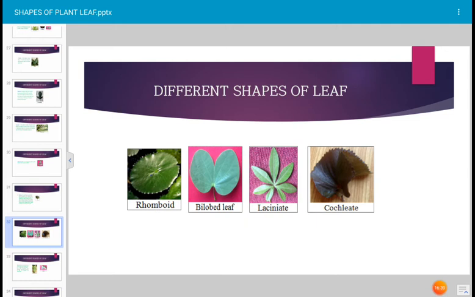The leaf lamina is divided into finger-like projections, and all these projections originate from a single central point. Such shape is described as lacinate. Fourth photograph, cochleate shape. This is a very typical leaf; the lamina is folded and irregular in shape. Such a leaf is described as cochleate leaf.